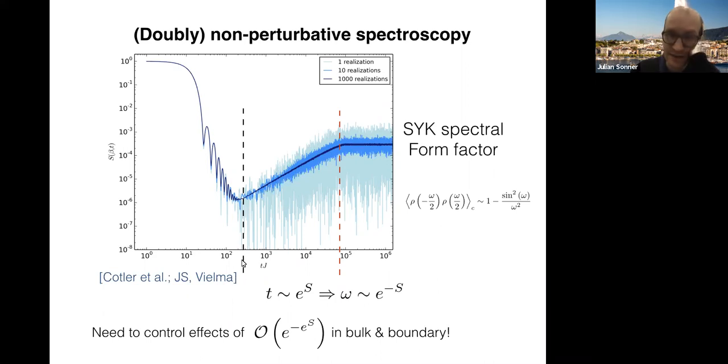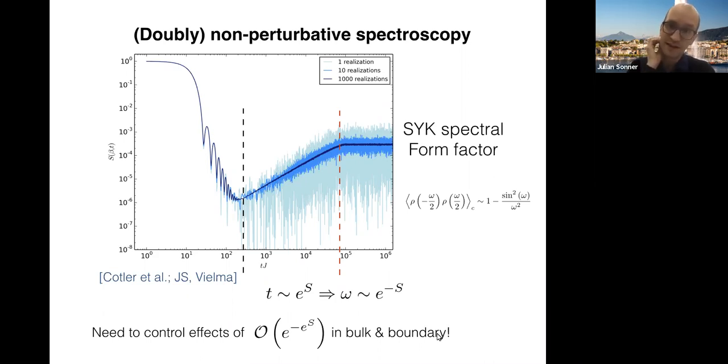The timescales are very interesting because the timescales are huge. One can show that the beginning of what people like to call the ramp is a timescale that scales with e to the S. And that means that the level spacing that we're interested in is e to the minus S, which actually means that you need to control effects in this theory which are doubly exponential in the entropy, so e to the minus e to the S. And this, of course, has been pointed out as being a big challenge.